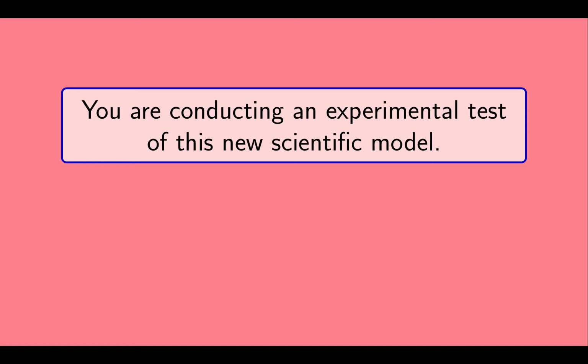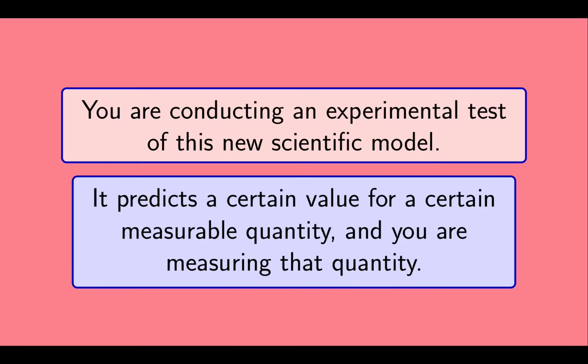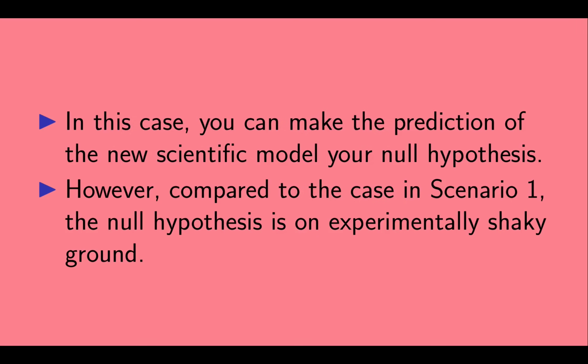You are conducting an experimental test of this new scientific model. It predicts a certain value for a certain measurable quantity, and you are measuring that quantity. In this case, you can make the prediction of the new scientific model your null hypothesis. However, compared to the case in scenario 1, the null hypothesis is on experimentally shaky ground.